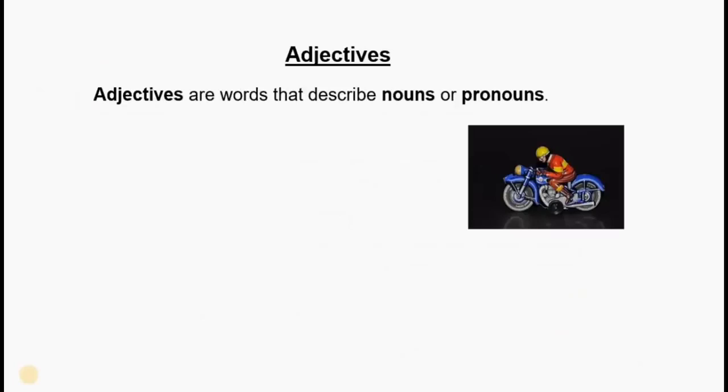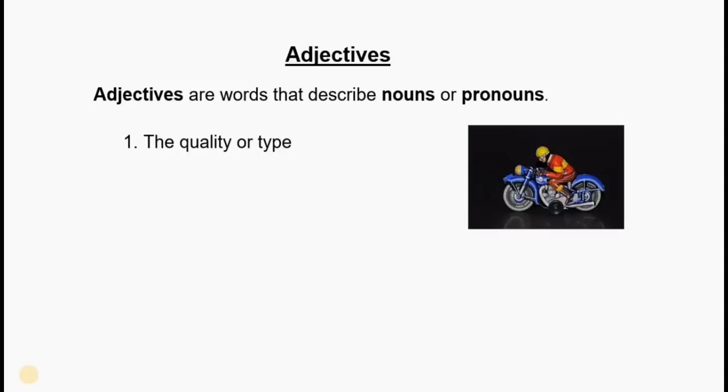Adjectives are words that describe nouns or pronouns. So, adjectives give us more information about a noun or pronoun. It modifies a noun or pronoun. For example, they can tell us the quality of a noun or perhaps the type of noun.